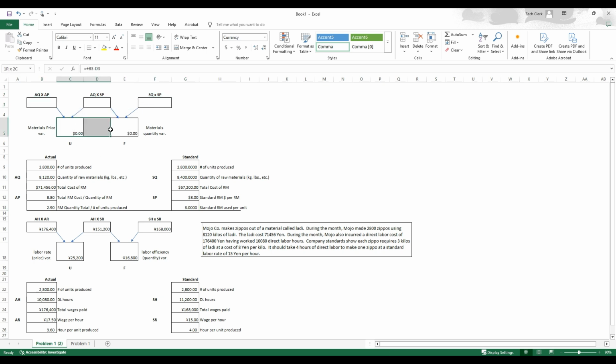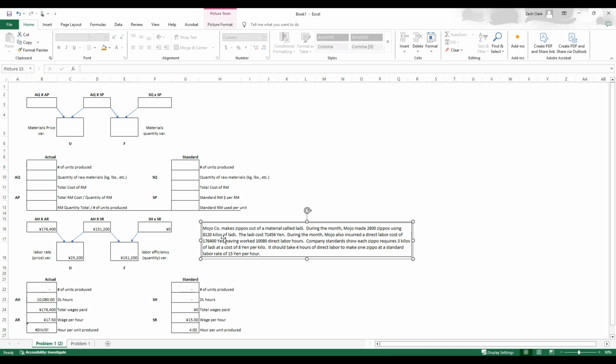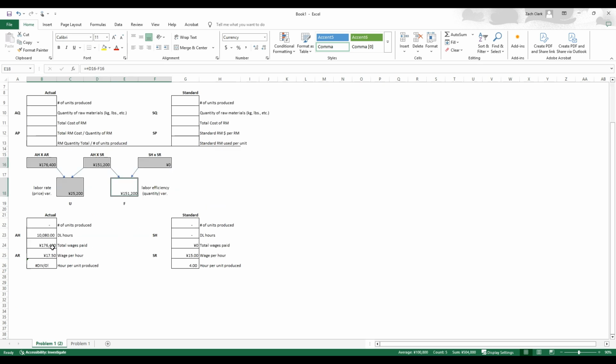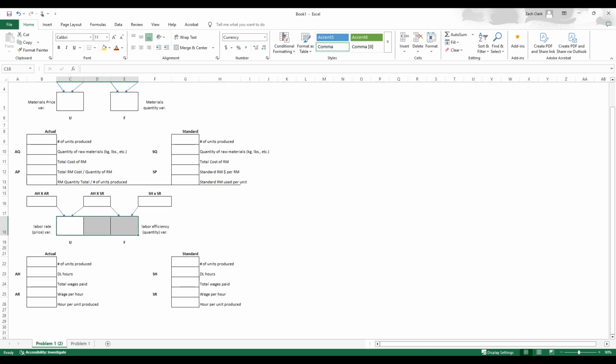Okay, and then I'm deleting all this out because we're going to do new. I'm selecting all of these showing as yen, changing those to USD with the formatting, and then deleting everything out so we can start fresh and solve our next problem here, which is exercise 6.